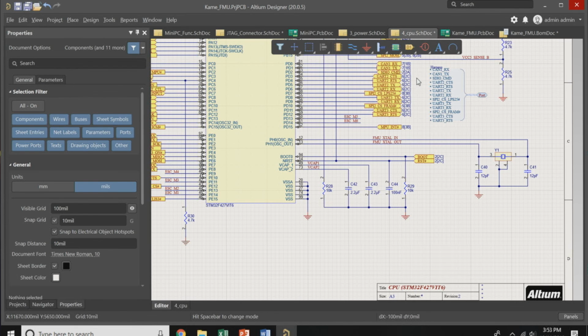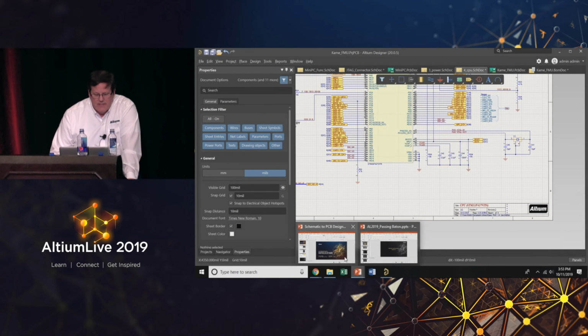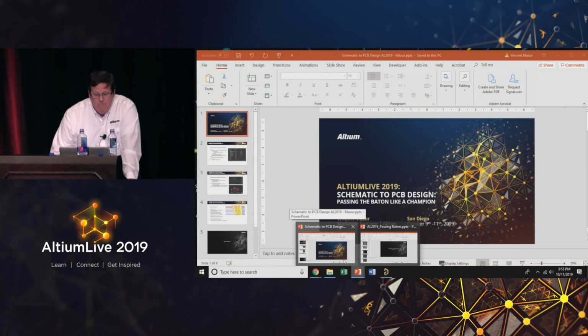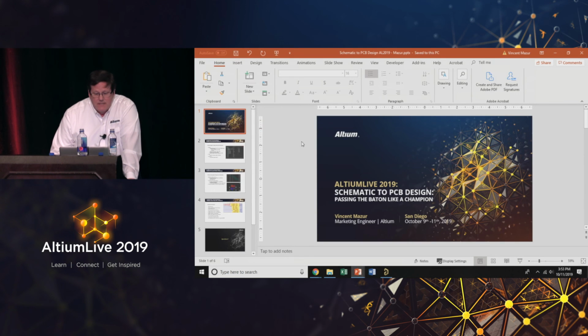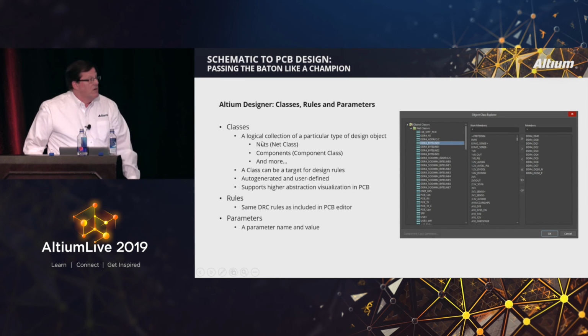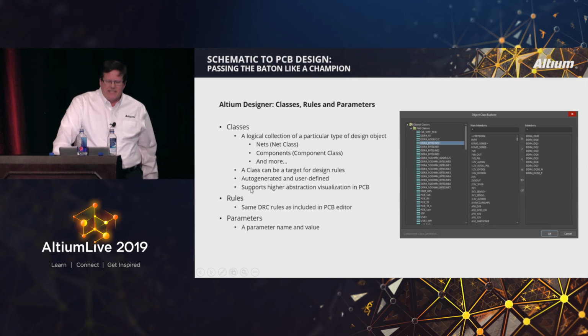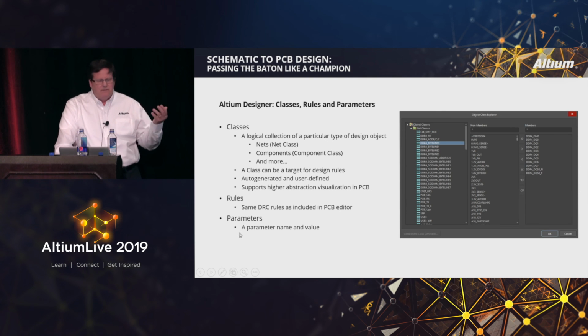The other aspect I want to cover, and I'll jump real quick into the presentation, just in case any of you weren't aware: what exactly is a class? We talk about these classes. It's a logical collection of a particular type of objects, nets, components, and more.